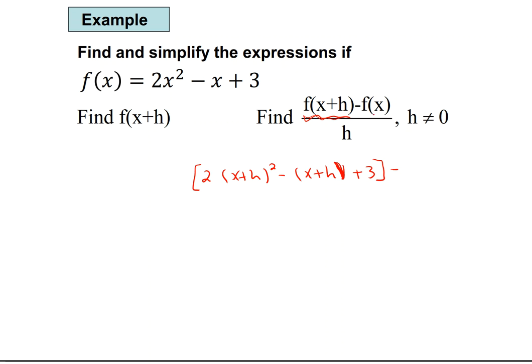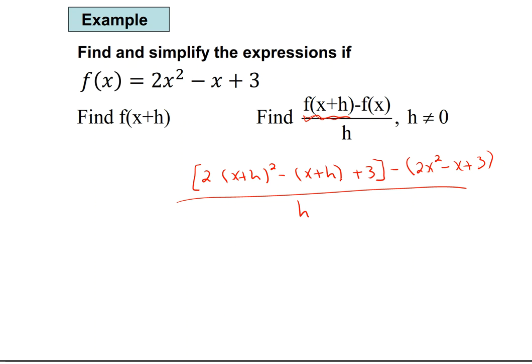And then minus the original function. So minus (2x squared minus x plus 3). And all divided by h. All right, and then from here, we're just going to use our algebra techniques.